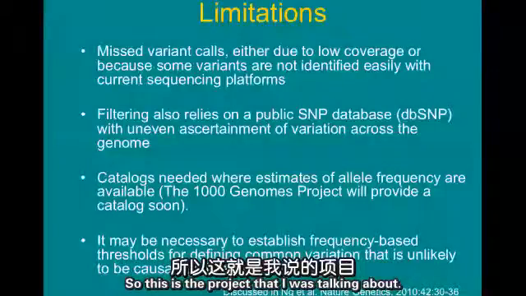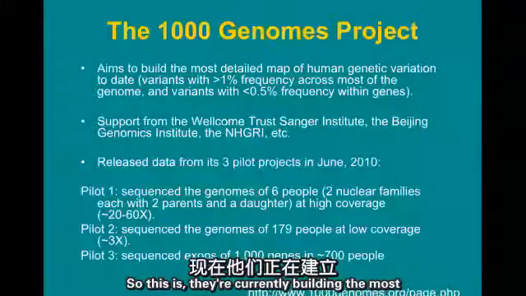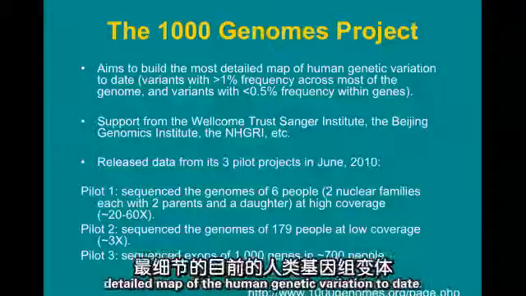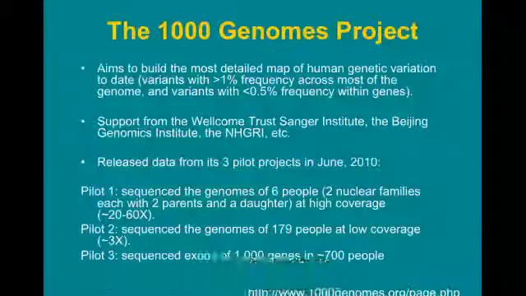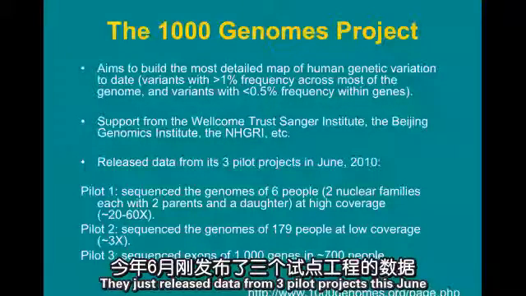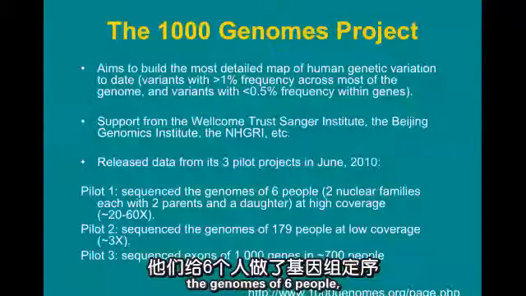And so this is the project I was talking about. This is now currently building the most detailed map of the human genetic variation to date. It's supported broadly. And they just released data from 3 pilot projects this June. In the first pilot, they sequenced the genomes of 6 people.